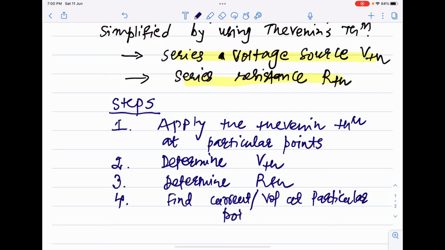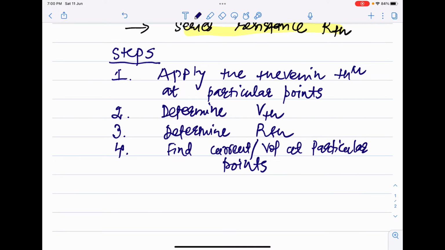So these are the 4 steps that you need to follow whenever you want to apply the Thevenin theorem to the given electrical circuit. So you need to decide at which points you have to apply the Thevenin theorem, then determine VTH, then the Thevenin resistance RTH, and then you will get a simplified form of the given circuit through which you can find the value of current or voltage at a particular point in the circuit. So let us understand with a simple example how it can be achieved.